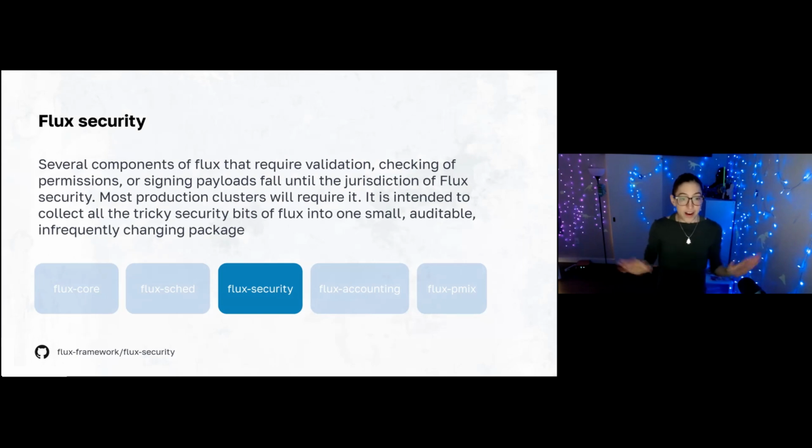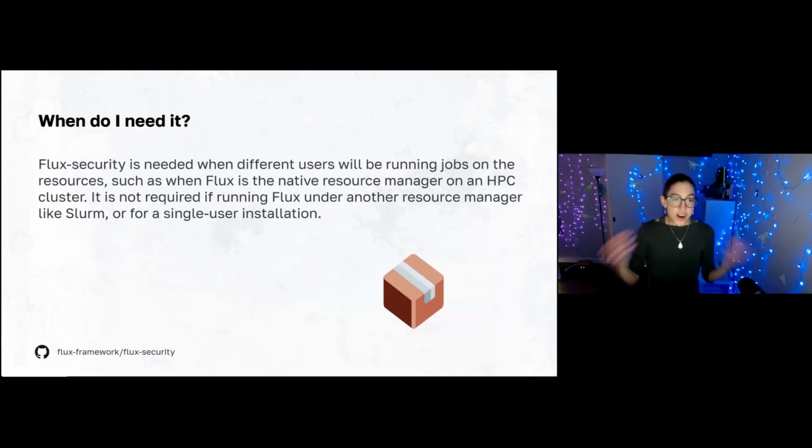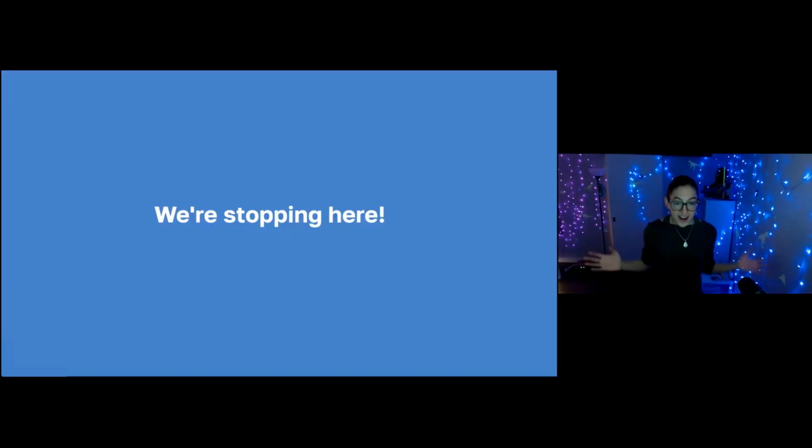I cannot stress that enough. I'm not a security expert, but I can tell you that a lot of care and attention has gone into this. And when do you need it? Well, you typically will need this in multi-tenancy environments. If you're running it under another resource manager, or more generally as a single user installation, or like when I'm running it under Kubernetes, you don't need to worry about this quite as much, but it's there if you need it.